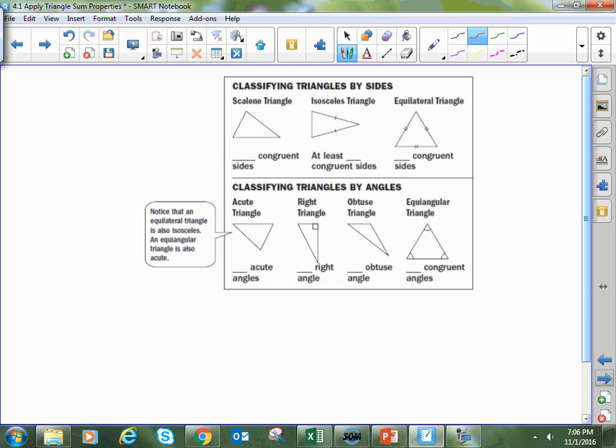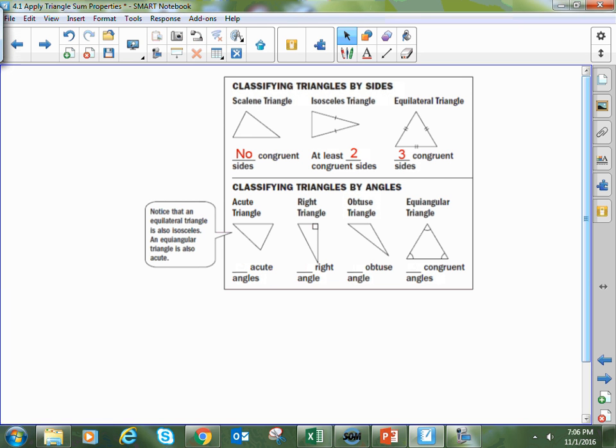So here we're going to talk about how we classify triangles. And again, in my experience, pretty much any student coming into high school geometry, based on their prior experience, is able to identify how we classify triangles by sides and angles. So scalene triangles have no sides that are the same.